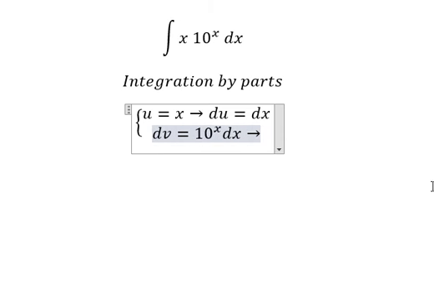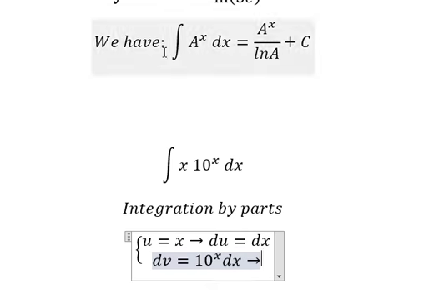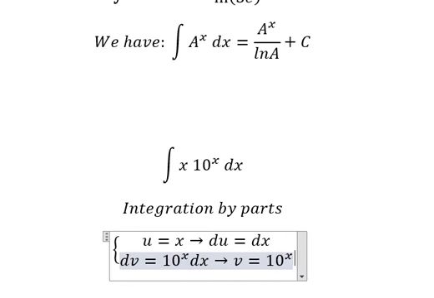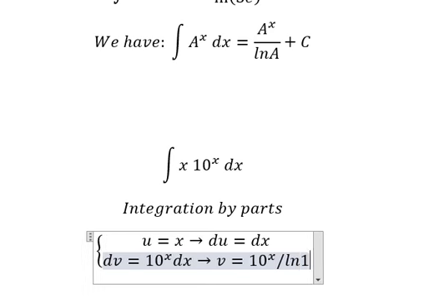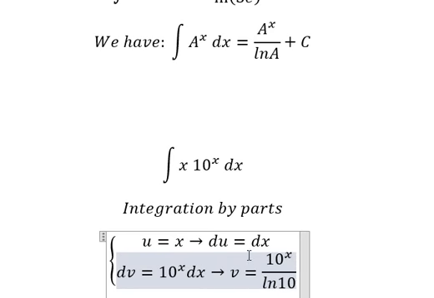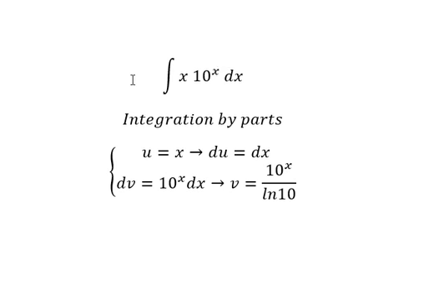The integration of this one is similar to this formula in here, and you get v equals 10 to the power of s over ln 10, and we put plus c. But this one is integration by parts, so we don't need to use c in here.